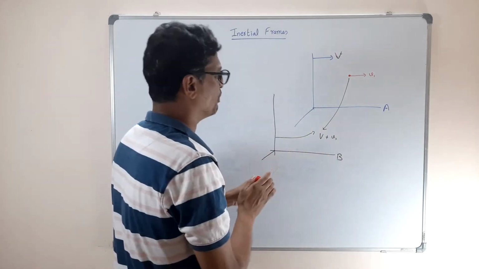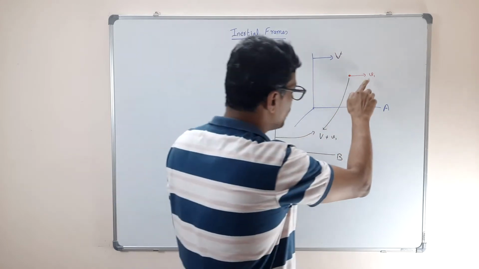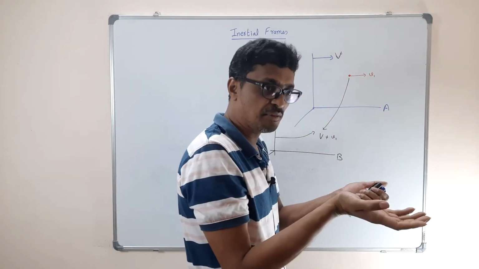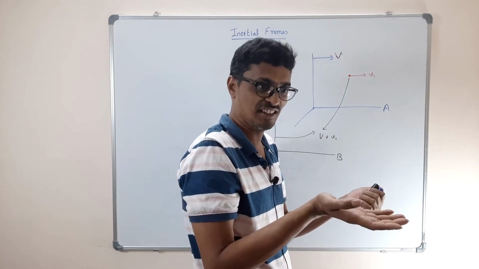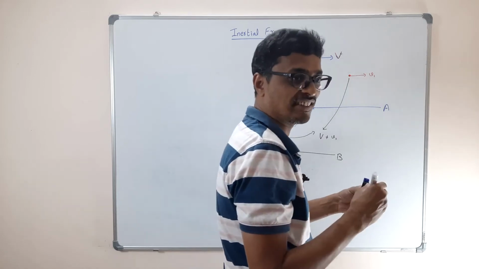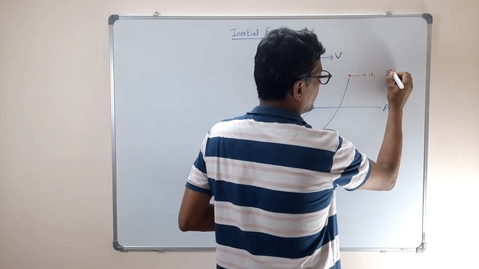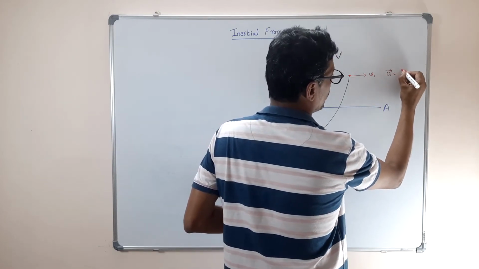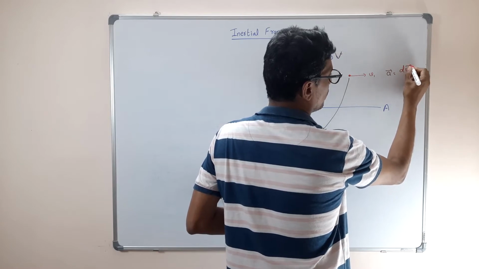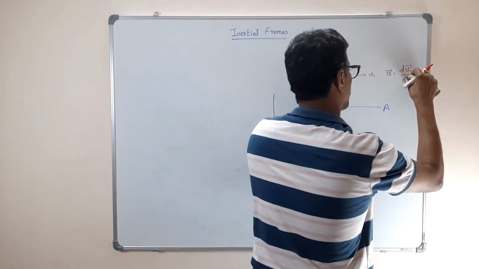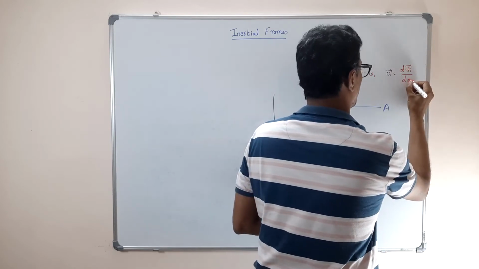Let us say, for example, this is v1. Suppose v1 is changing with time. Then there's a rate of change of velocity. Rate of change of velocity is nothing but acceleration, right? So if it changes with time, the acceleration a will be equal to dv1 by dt.